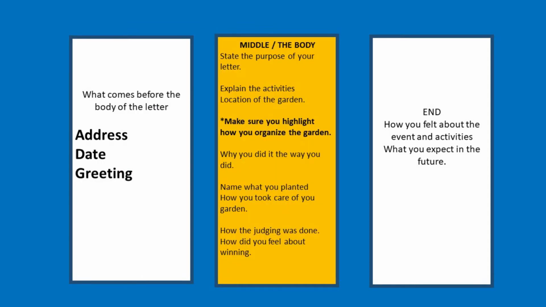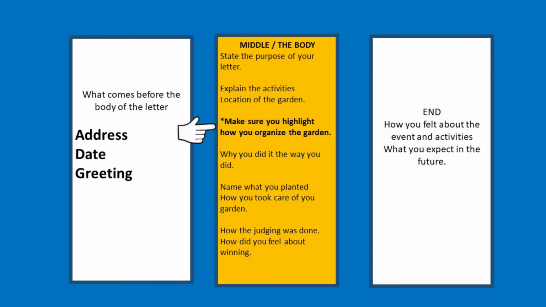Now, the middle of your letter, or we say the body, here are some things that you will include. Remember, because it's a letter, you need to state the purpose of your letter. Then you could go about explaining the activity and the location of your garden maybe. Then you make sure that you highlight how you organize the garden.